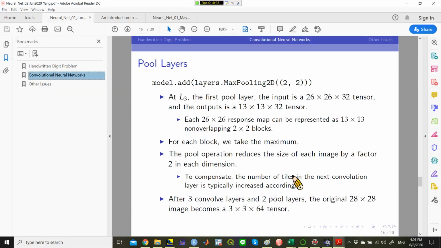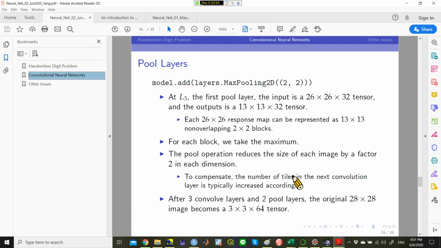So this is the pool layer. At L3, the first pool layer, the input was a 26 by 26 by 32 tensor, and the output is a 13 by 13 by 32 tensor. Each 26 by 26 response map can be represented as 13 by 13 non-overlapping 2 by 2 blocks. For each block, we just take the maximum.